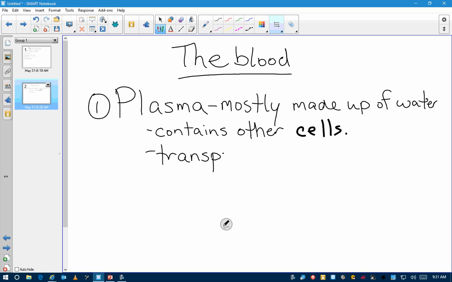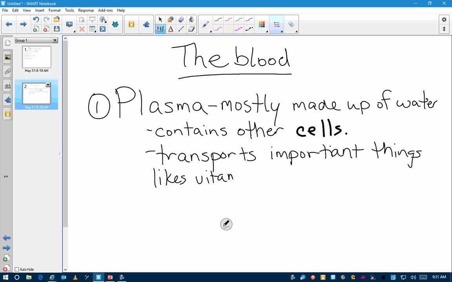So it transports important things like vitamins, drugs, hormones, nutrients. When you eat and your body digests it, and we haven't done the digestive system yet, but when your body absorbs those things, it's circulating throughout your body in your plasma so that it can bathe all of your cells in it, because all cells need food to live, right?